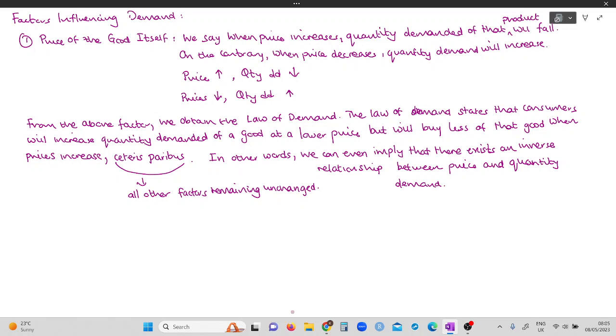D'accord? Donc this is the law of demand and we can represent it by the demand curve which is downward sloping. So the law of demand can be represented in a demand schedule as shown below.